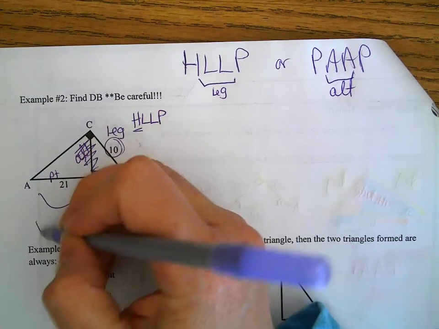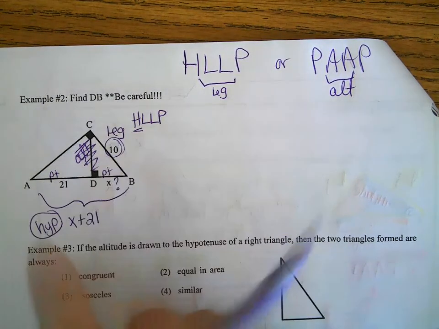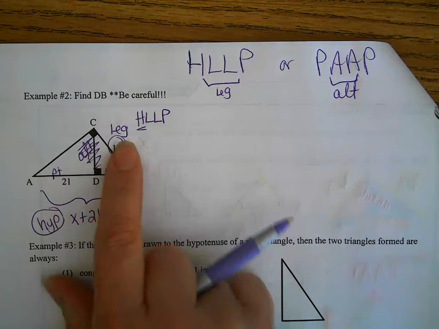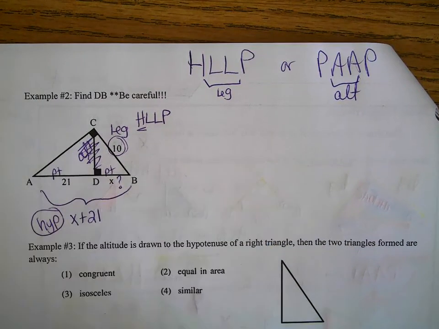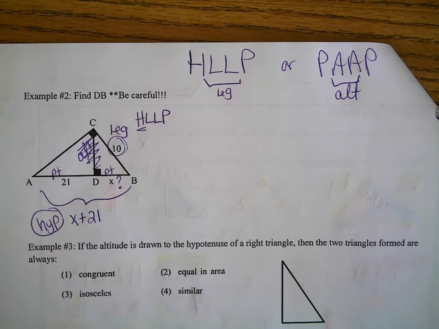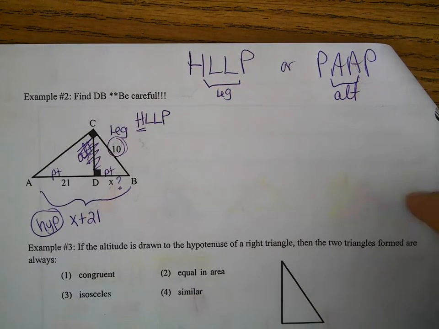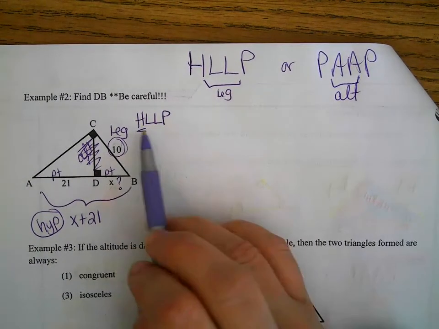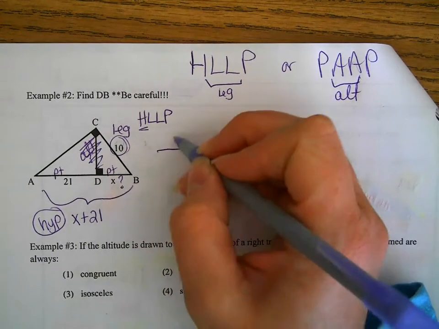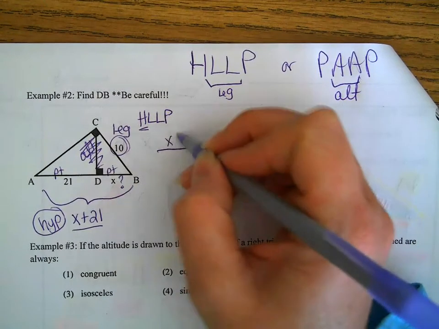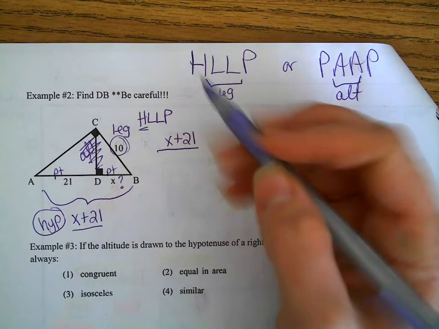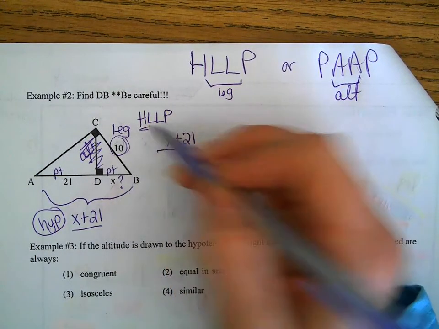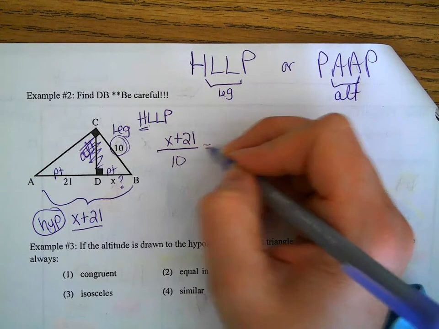So identifying those pieces, the hypotenuse, the leg, the altitude, is important. So that vocabulary that I did at the beginning and marked up the picture is important. So the whole hypotenuse goes in my numerator, x plus 21. The leg, L, the denominator is 10, that repeats.